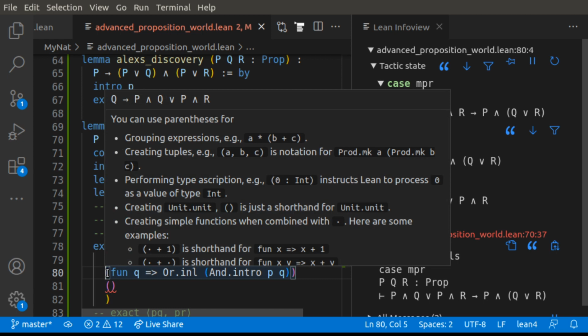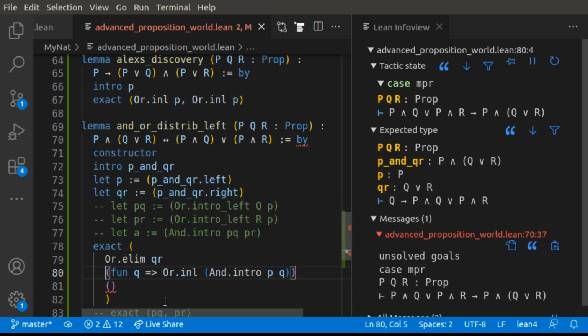We're choosing the left side to prove. So or INL, injective on the left side. So we need to prove P and Q. We have Q, we have P from earlier. We do this.